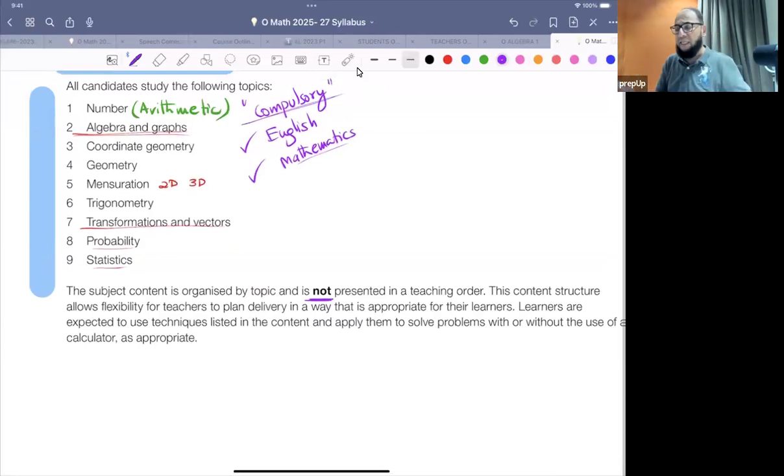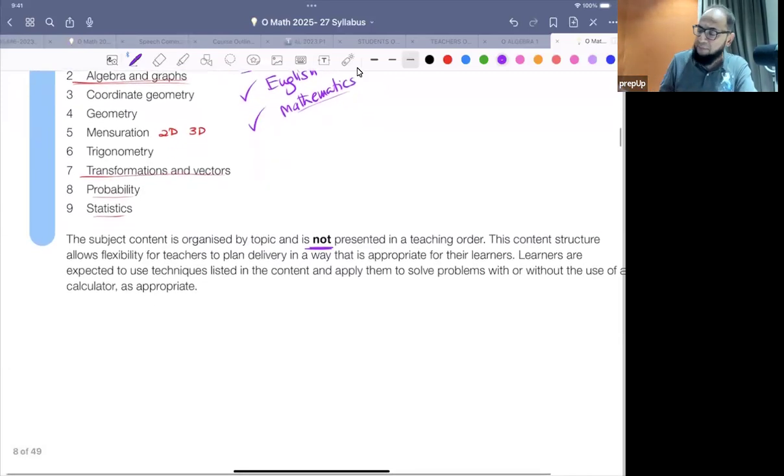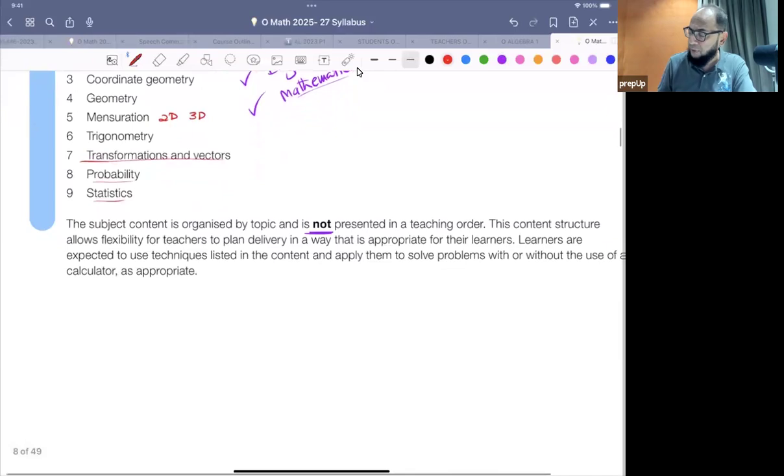Sometimes I start with algebra. So this time I'll be starting with algebra. What does it further say? This content structure allows flexibility for teachers to plan delivery in a way that is appropriate for the learners. So what I have observed is that algebra is something that people relate with.